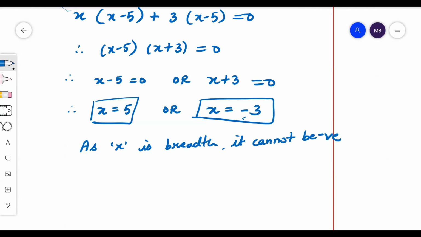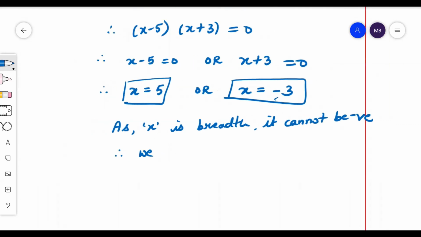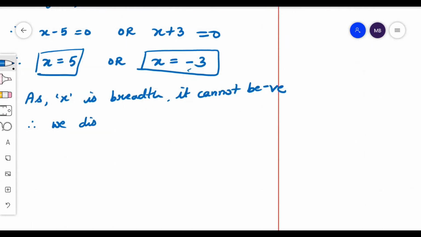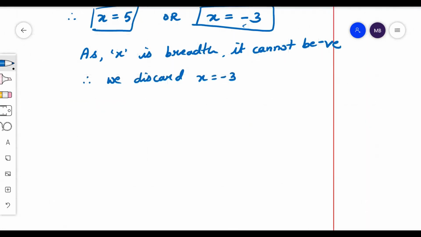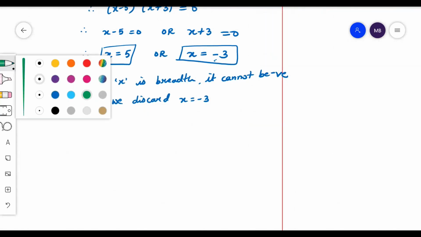So if it cannot be negative, what do we do? We will discard it. Therefore, we discard x equal to minus 3. So if x is equal to minus 3 is discarded, we only have one possibility.